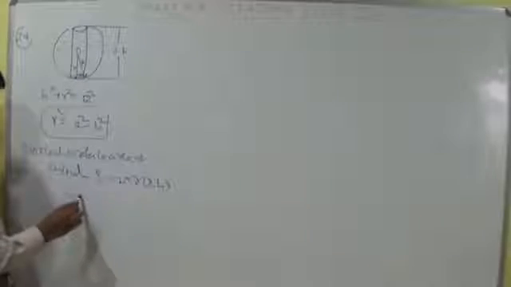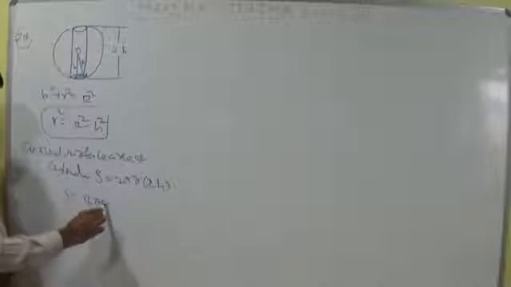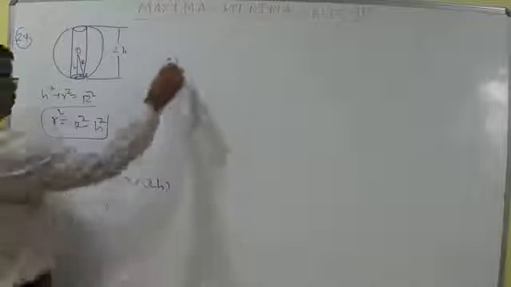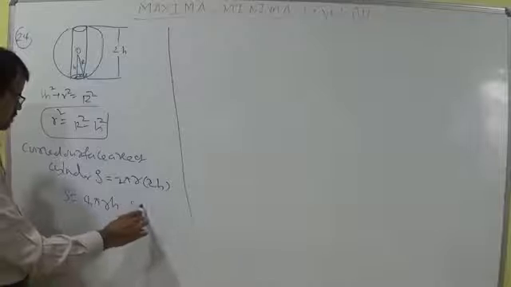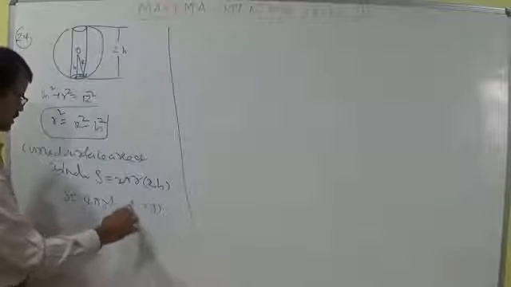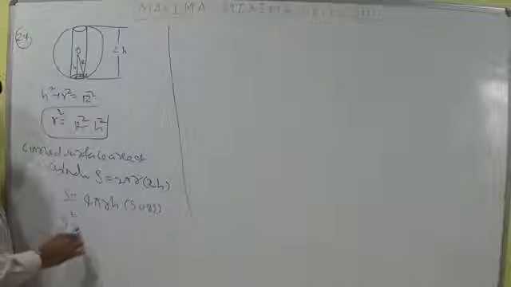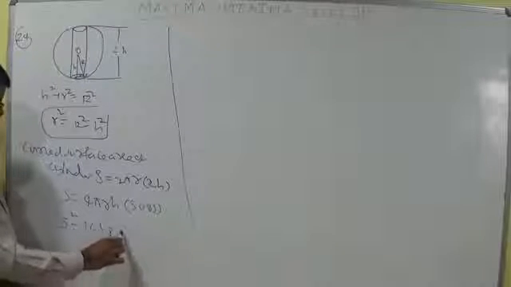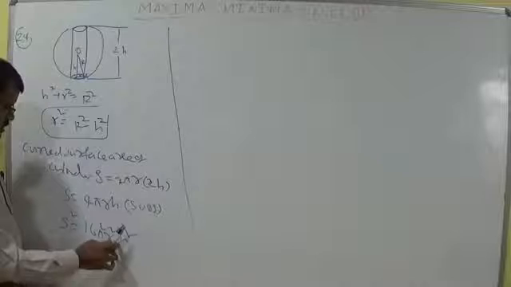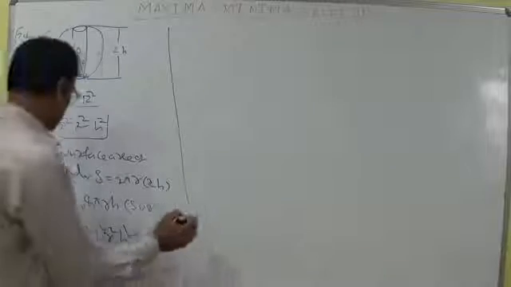So S is equal to, now I am writing, 4 pi r h. Let us square both sides. So S square is equal to 16 pi square r square h square.